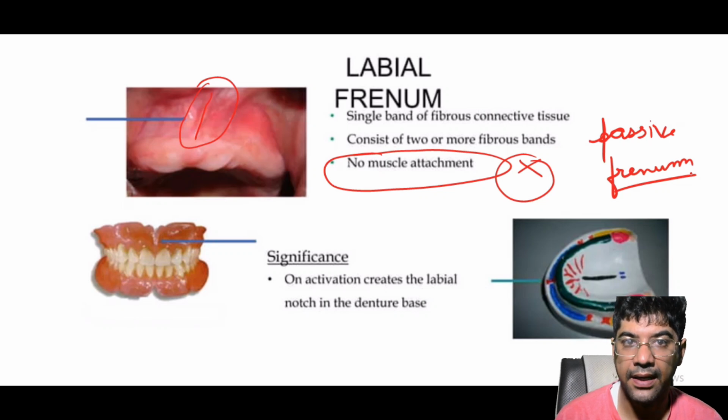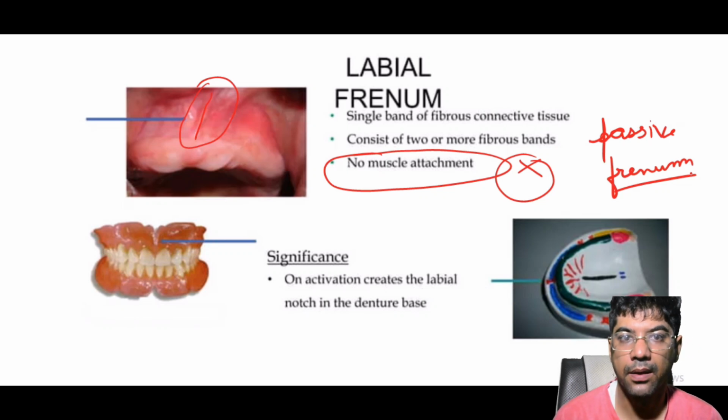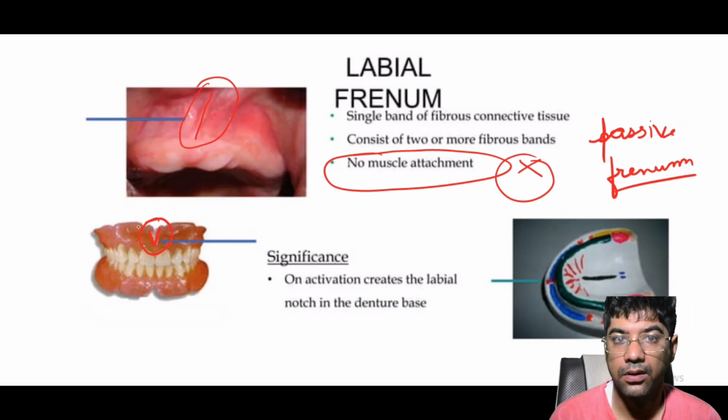So what is its clinical consideration? During impression making, remember, a V-shaped notch should be recorded to accommodate the labial frenum.